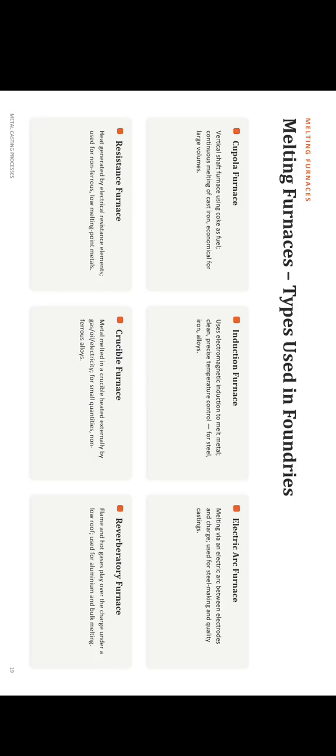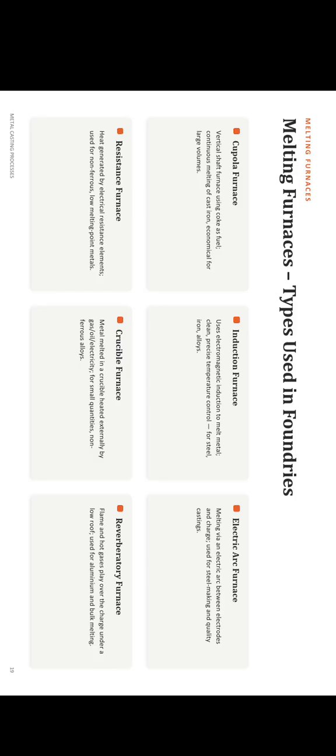Induction furnace: uses electromagnetic induction to melt clean, with furnace temperature control for steel and iron alloys. Electric arc furnace: melting via an electrical arc between electrodes and charge, used for steel making and quality casting.